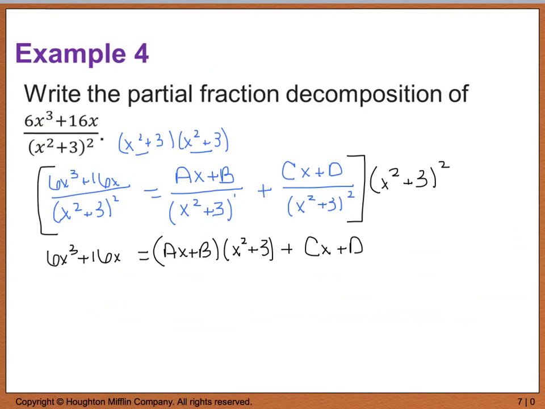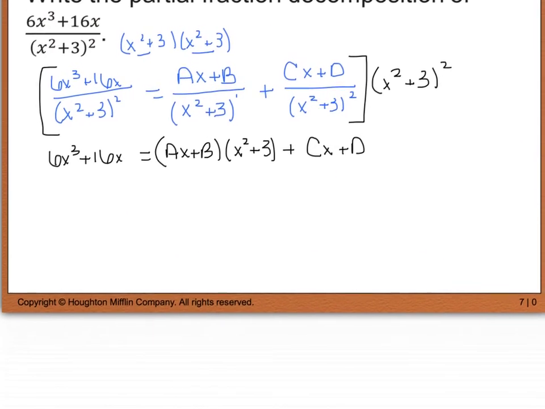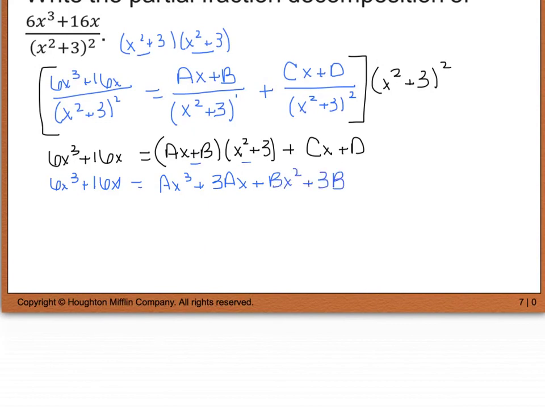So now I'm going to simplify, and to simplify, I end up with 6x cubed plus 16x equals, I have to FOIL these two, which is going to give me ax cubed plus 3ax plus bx squared plus 3b, and I'm still going to be adding the cx and the d.